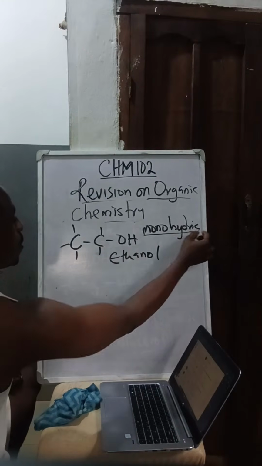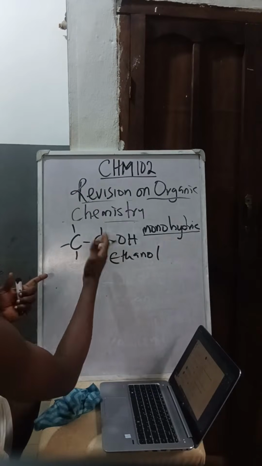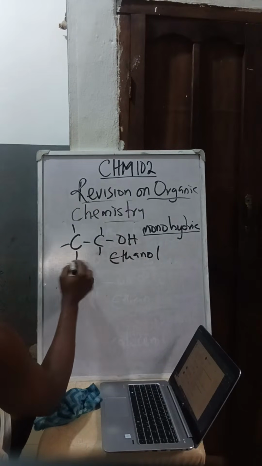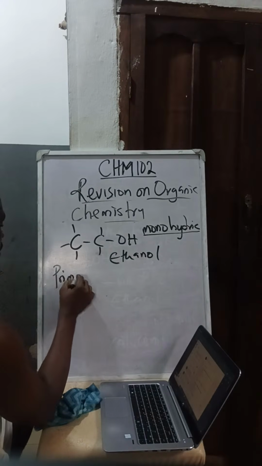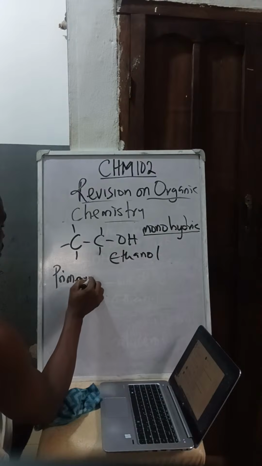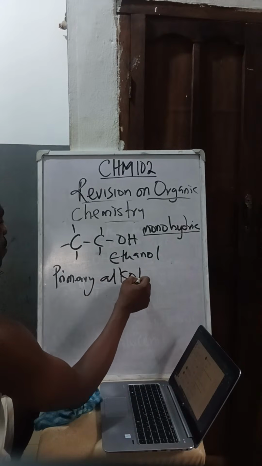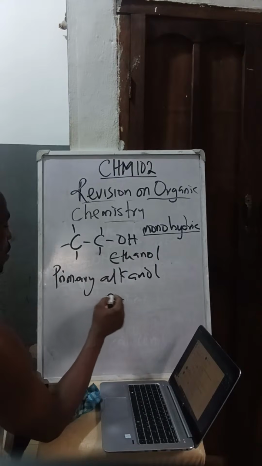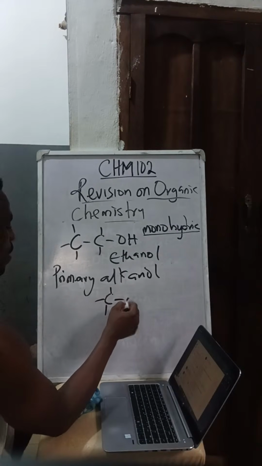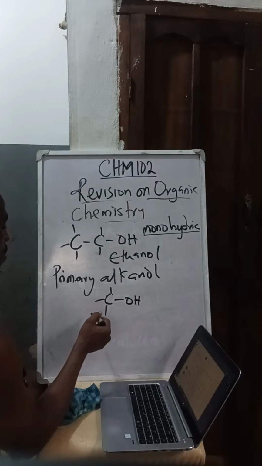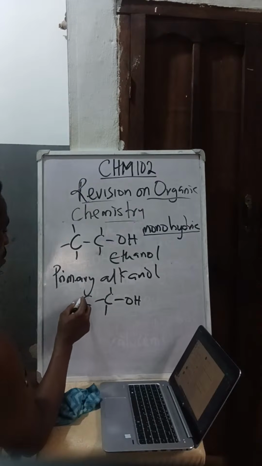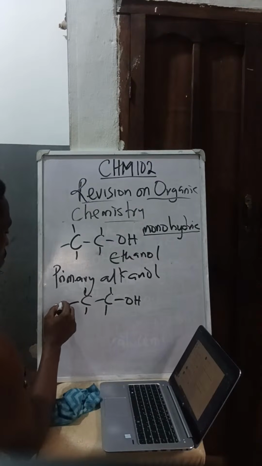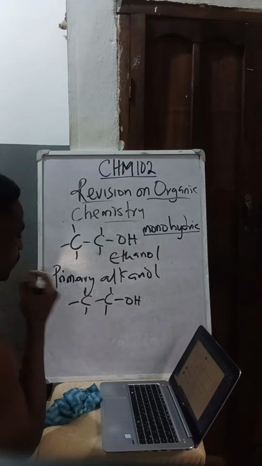But before then, monohydric, based on the position of OH, we have primary alkanol, which can show you that here we have OH, and only one OH here.